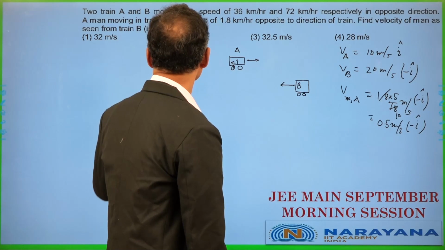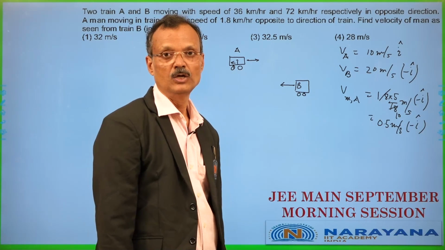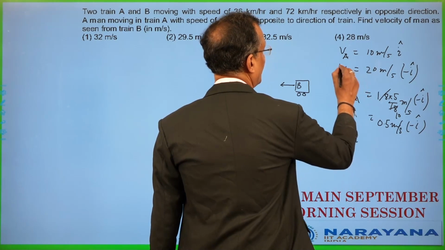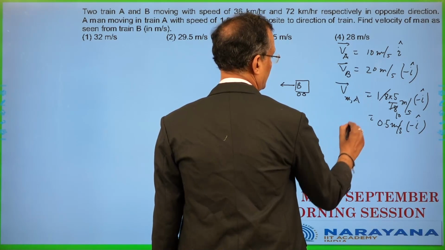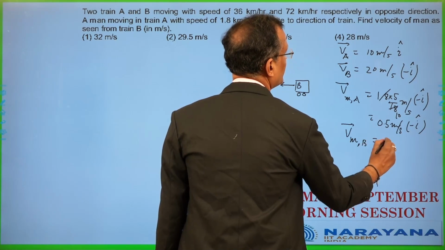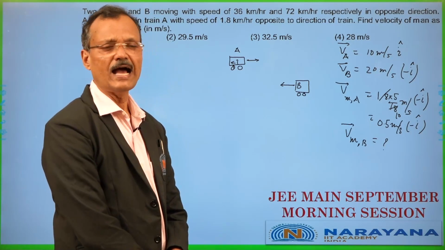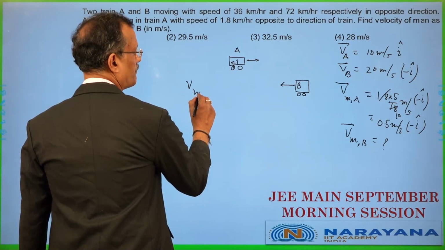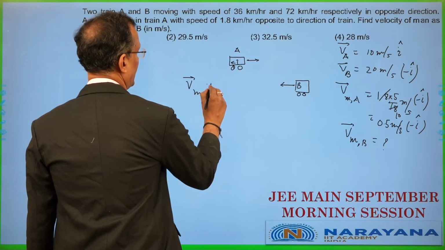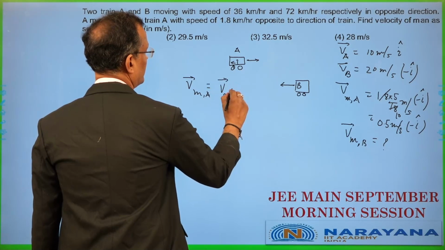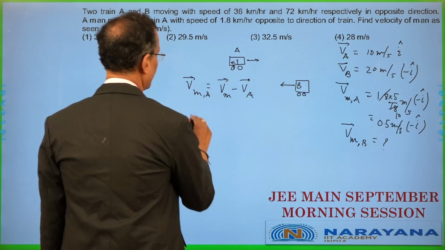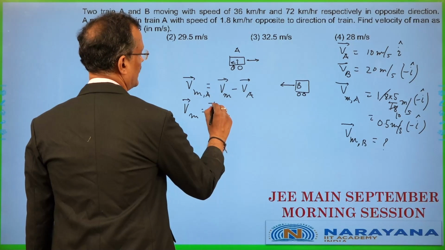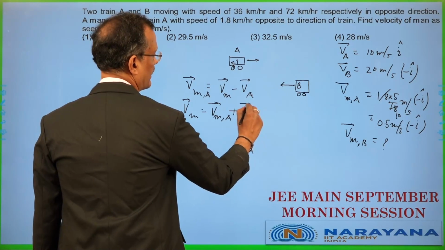Find the velocity of man as seen from train B. So they are asking you the velocity of man, vector. All these in vector form you take. With respect to B, they are asking you. I need the absolute velocity of man first. So this one is velocity of man with respect to train A, Vma, plus Va.